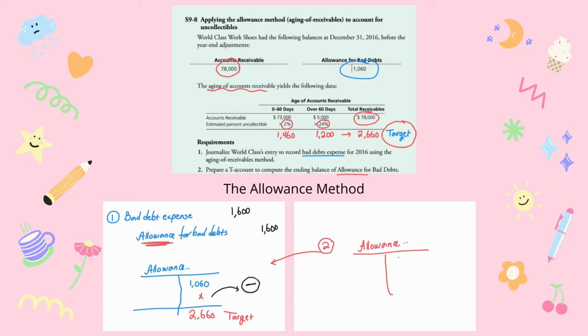We had a 1,060 credit balance. We credited 1,600, which is the X, so the target was 2,660. So the ending balance is the target, which is 2,660.